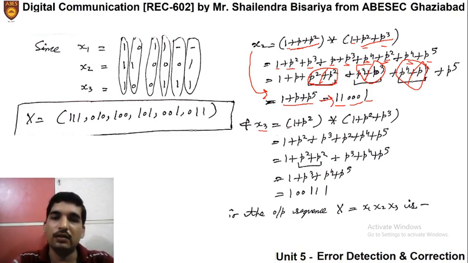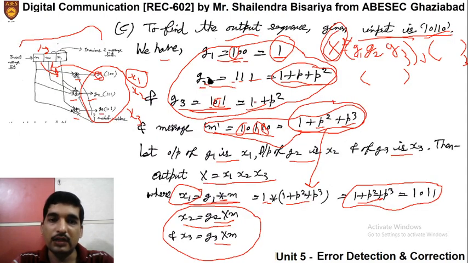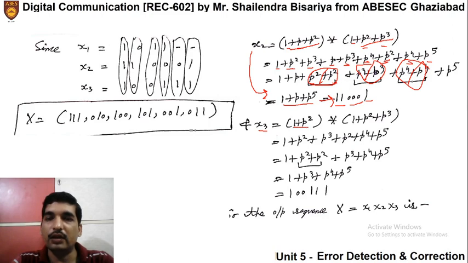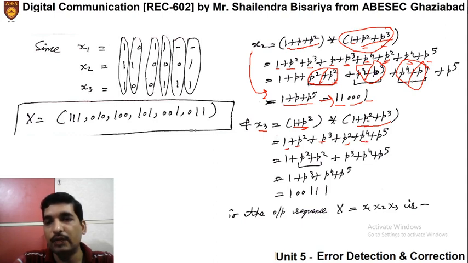x3 is, what was x3? g3 is 1 plus p square. So we will write 1 plus p square. And message is 1 plus p square plus p cube. So multiplying these two, 1 multiplying with this, we get 1 plus p square plus p cube. And p square multiplied with this term, that is p square, then p square into p square is p4, and p square into p cube will give us p5.